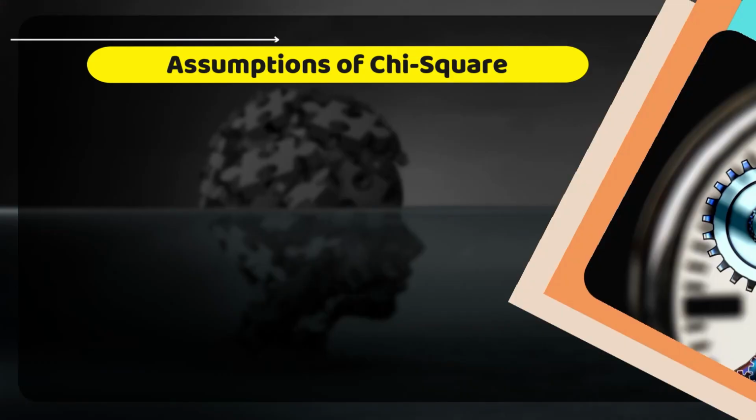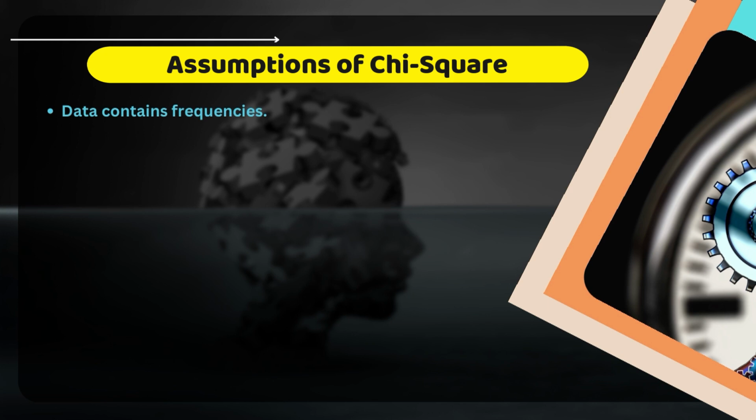So now we are proceeding ahead, and the next topic of this chi-square test is assumptions of chi-square test. Let us understand what the different assumptions of this statistical tool are. First assumption is, data contains frequencies.